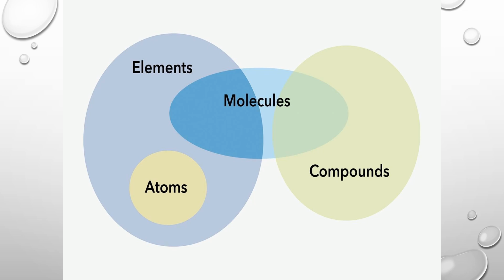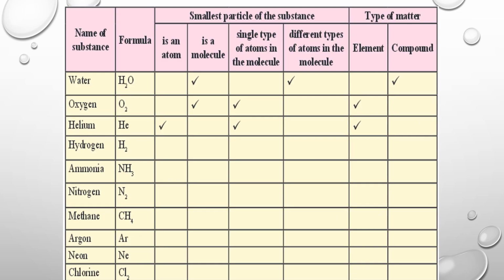This is a table in your text on page 28, table 5.1, and with its help we will learn the technique of distinguishing between atom, molecule, element and compound. First, let us look at the table.